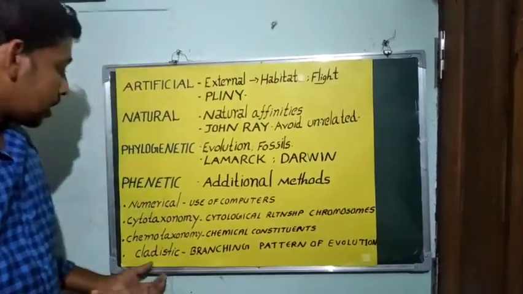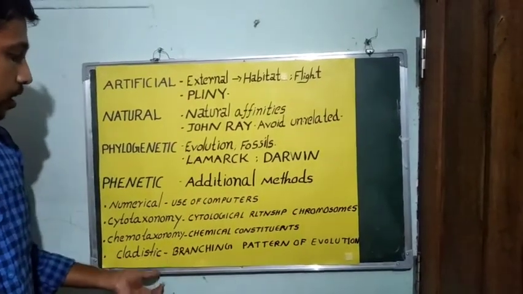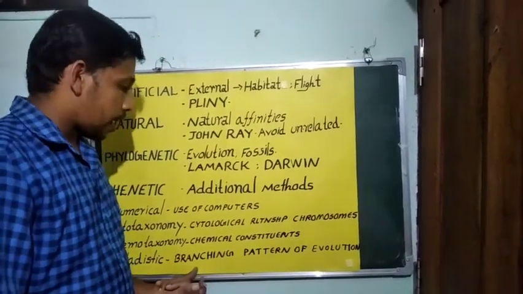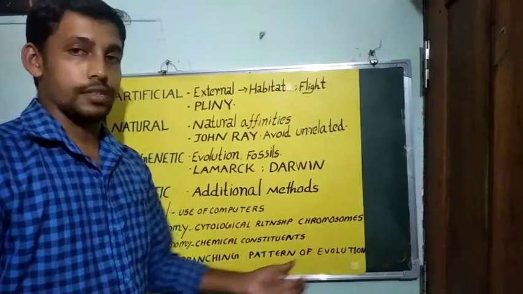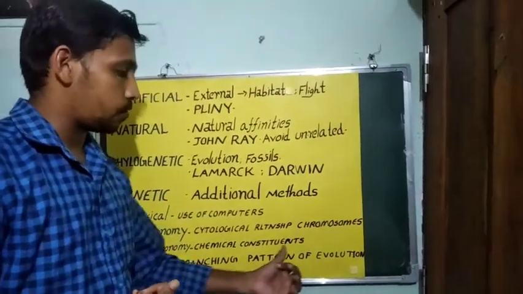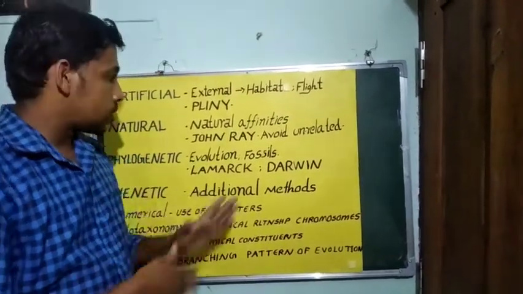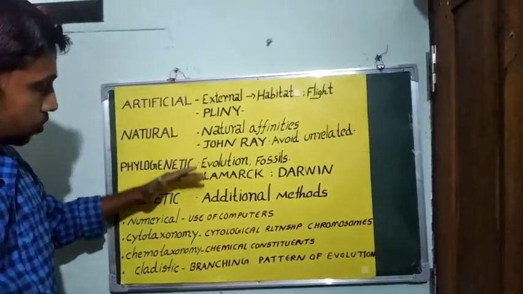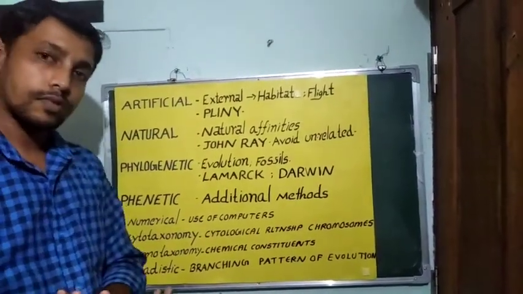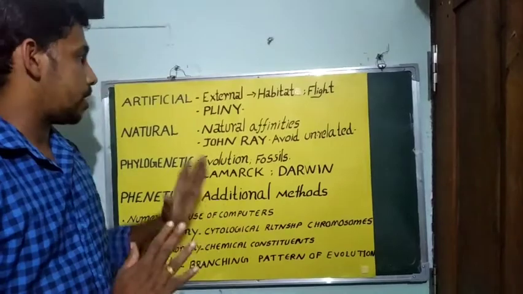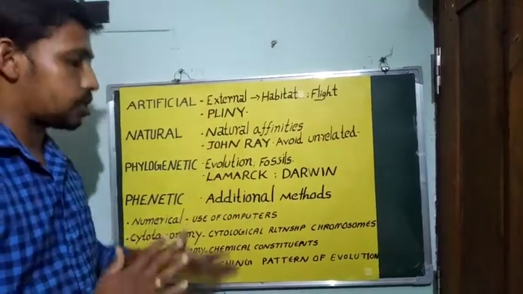The last one is cladistic taxonomy. It is based on the branching pattern of evolution. So these are the 4 systems of classification. We must have a brief idea regarding these four systems.